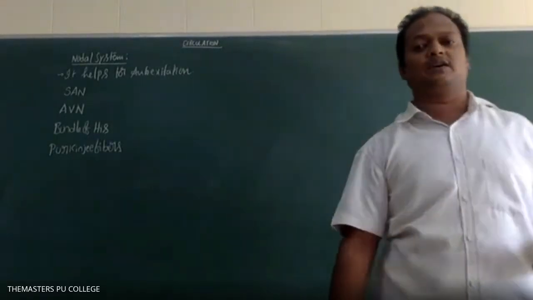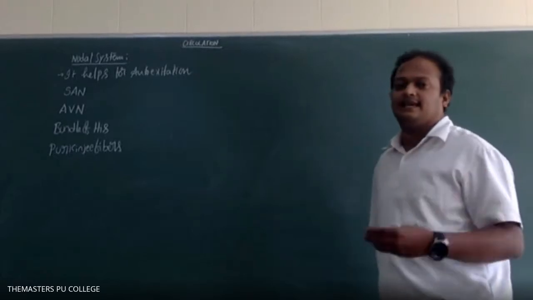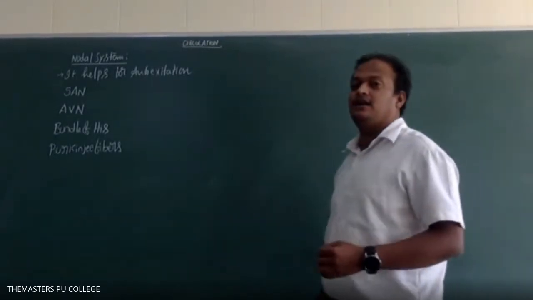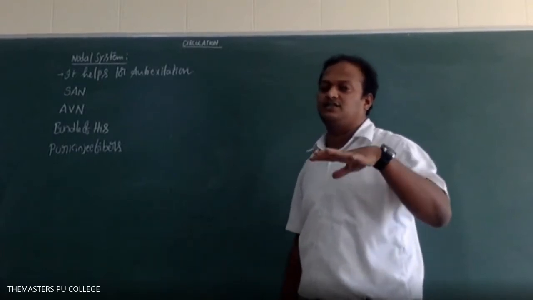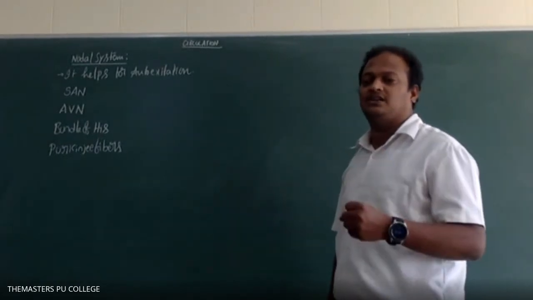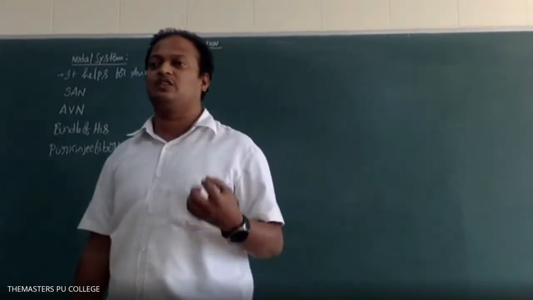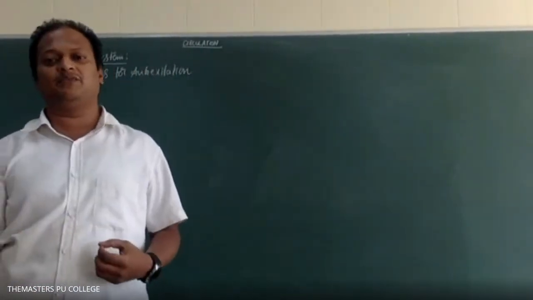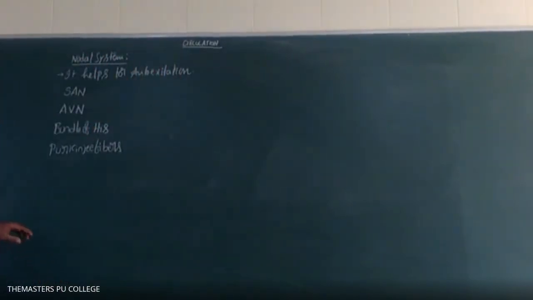Four different components. Those are SAN, AVN, bundle of His and Purkinje fibers, arranged in the region of the heart, which helps for auto excitation. The heart itself contracts and exhibits relaxation without receiving any type of nervous stimulation. Right.